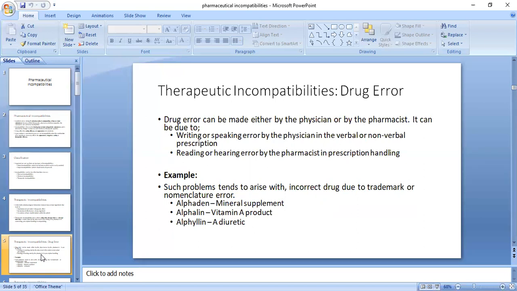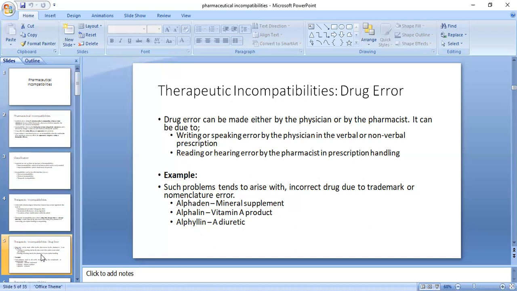If the pharmacist is not clear about the drug, he can dispense another drug in place of that drug. So this can be done by a pharmacist or a physician.